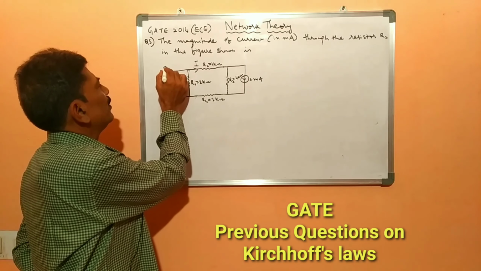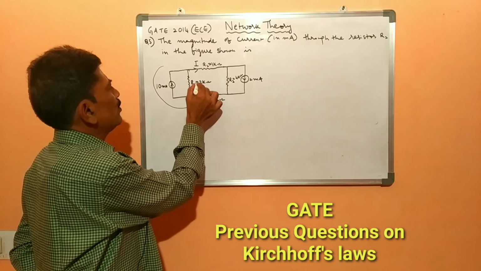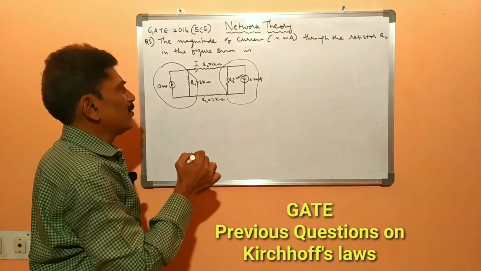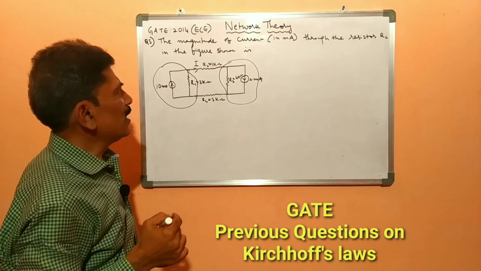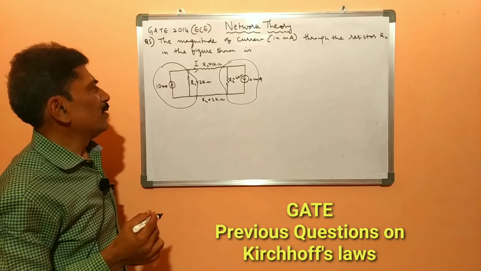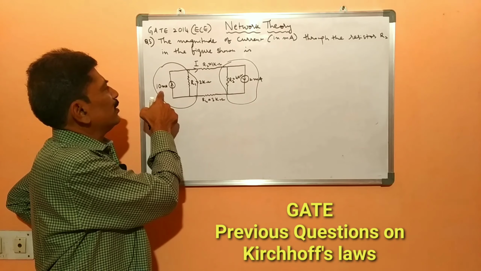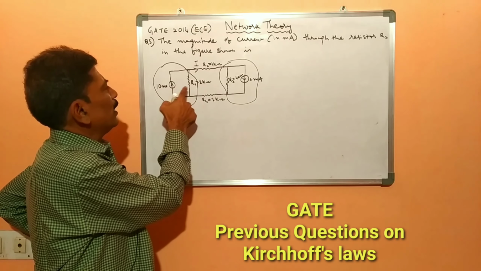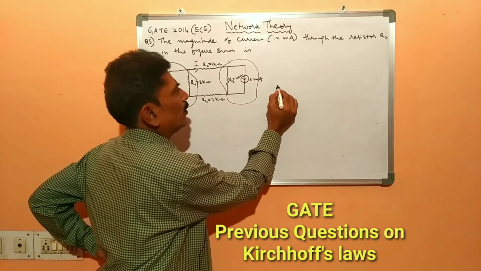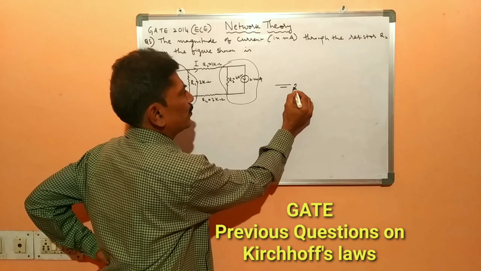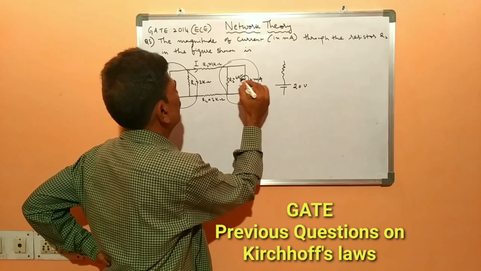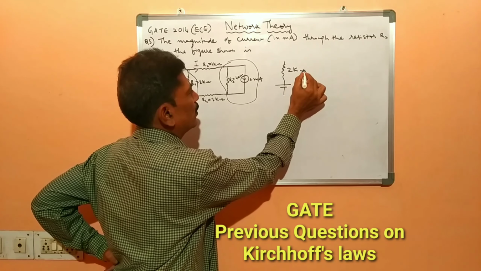Let us convert these two current sources into voltage sources and then apply Kirchhoff voltage law to find out the current. 10 milliamps into 2 kilo ohms gives 20 volts, and its internal resistance will be 2 kilo ohms.